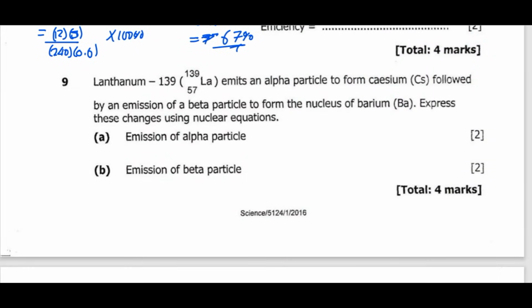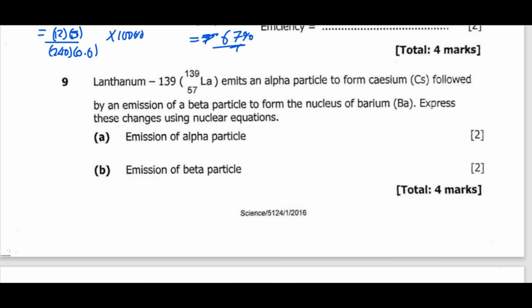The last question, we have lanthanum 139, La, emits an alpha particle to form cesium, followed by an emission of a beta particle to form barium. Express these changes using nuclear equations.